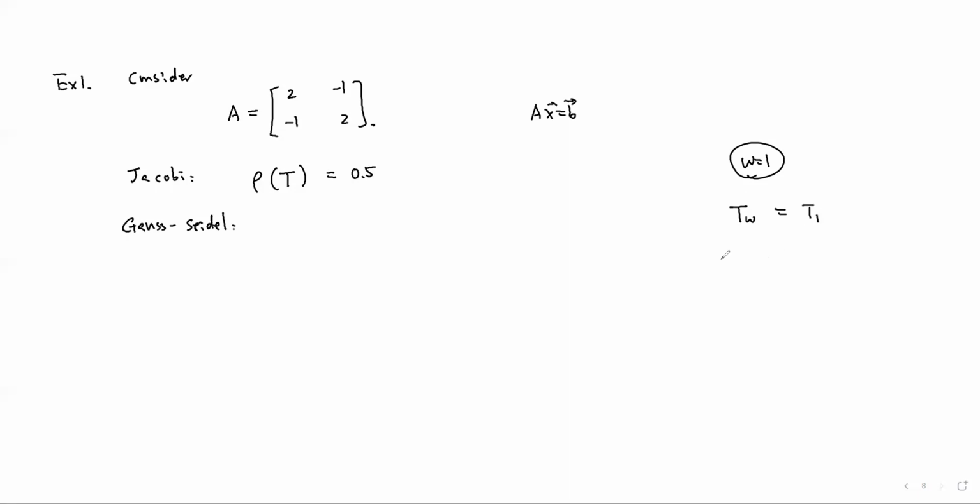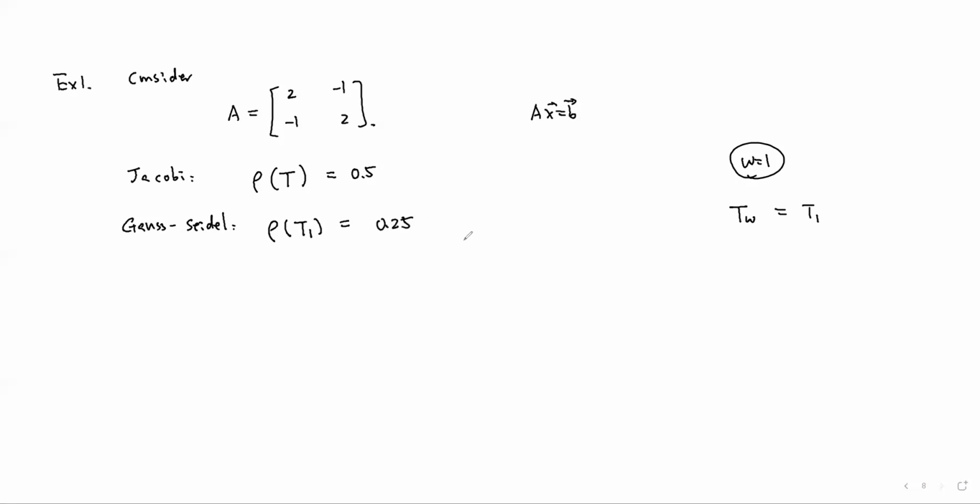What is this for omega equal to 1? For Gauss-Seidel, rho of T1 is equal to 0.25. Therefore, if you apply Gauss-Seidel to solve this linear system, it is much faster than Jacobi, because rho here is half of the rho of Jacobi.